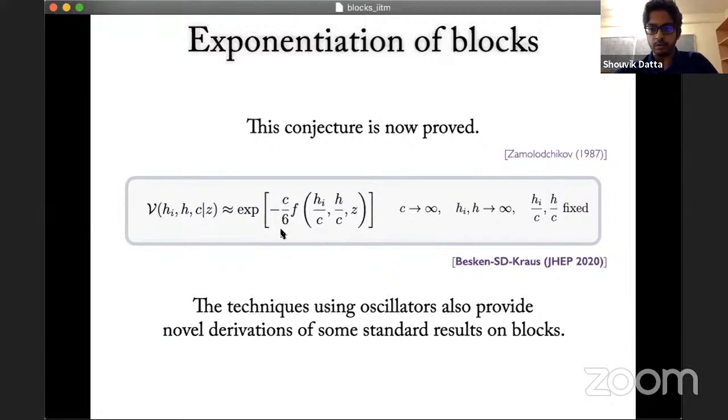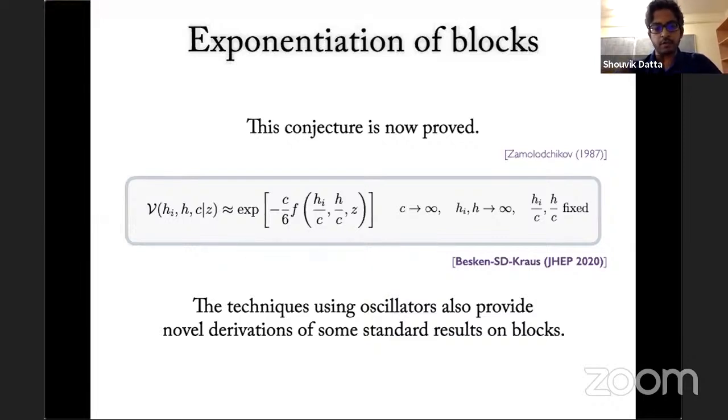So Virasoro blocks indeed do exponentiate in the semi-classical regime, and this can be shown non-perturbatively.